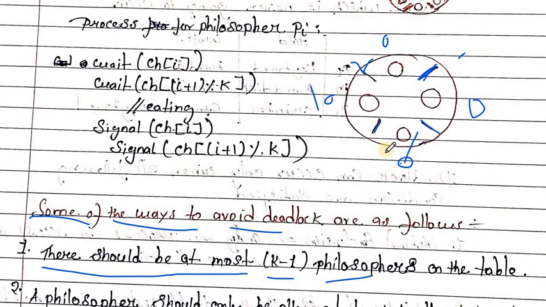So here the first philosopher picks left then right, but another philosopher picks right then left.